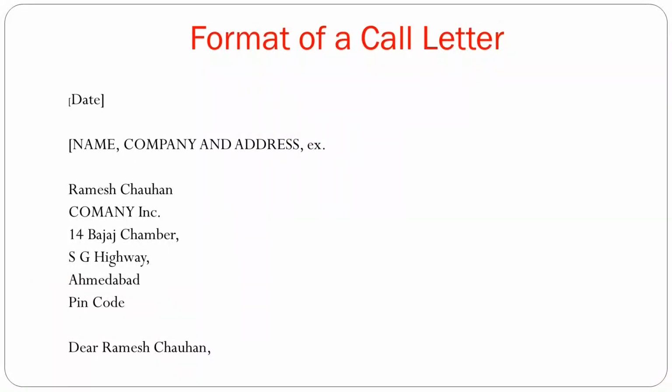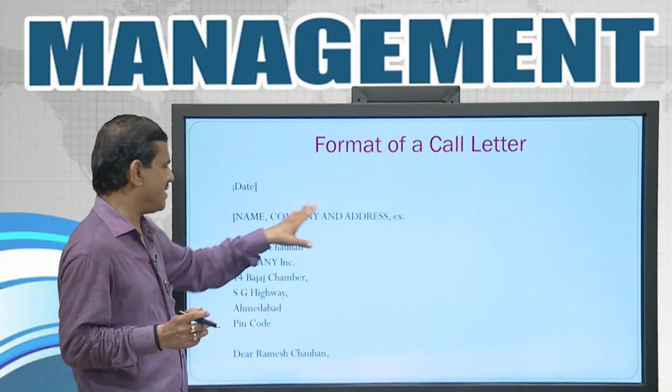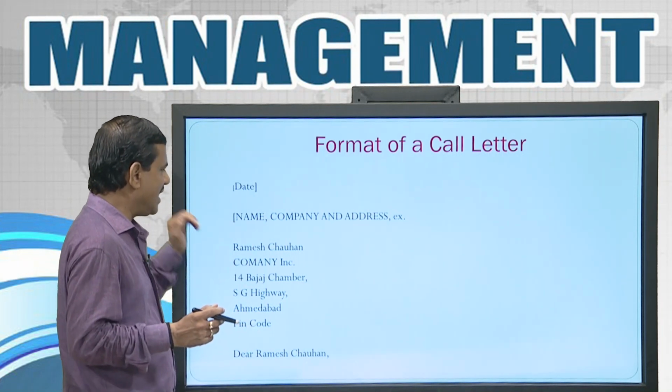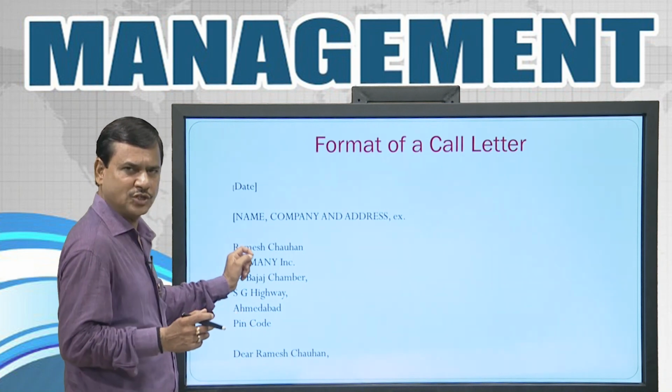Let us see one simple letter so you can understand the format of a call letter. Call letter, that means somebody is inviting you for an interview, somebody is inviting you for job related issues. First, we are going to write the date, then name, company and address. Then you are writing a letter to Mr. Ramesh Chauhan.